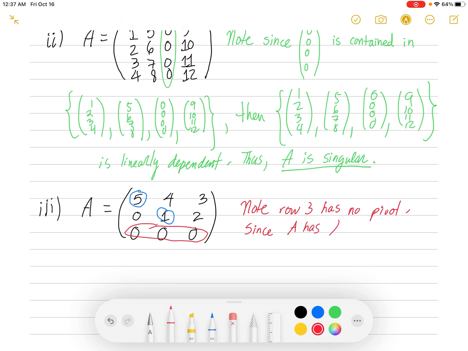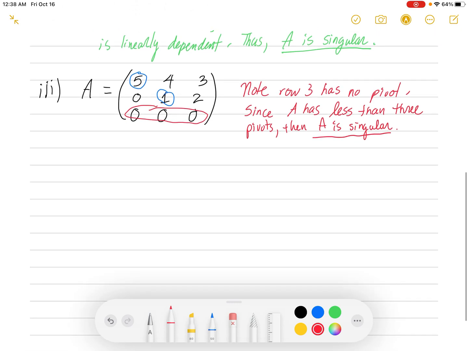Since A has less than 3 pivots, it will be singular. Remember, in order to be invertible, you would need 3 pivots, and you're never going to have 3 pivots with the row of zeros down there in the bottom, because there's no pivot down there.